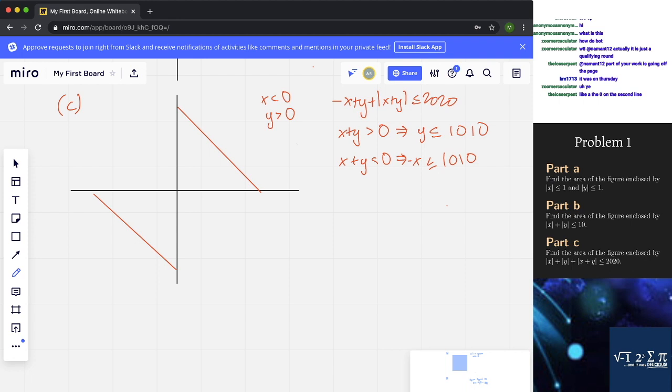But anyways, we get these two lines. So I can graph it, and it looks like y greater than or equal to 1010 until some point, and then x. Wait, I think I'm doing this wrong. But I think this is the figure. No, not like that.